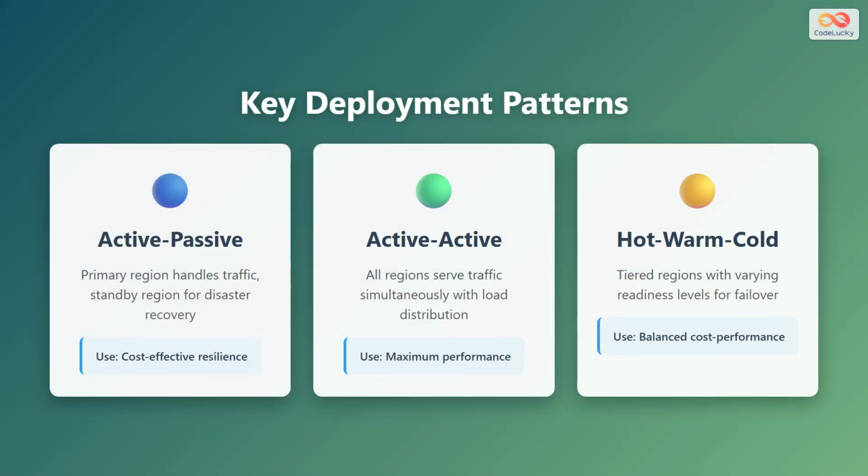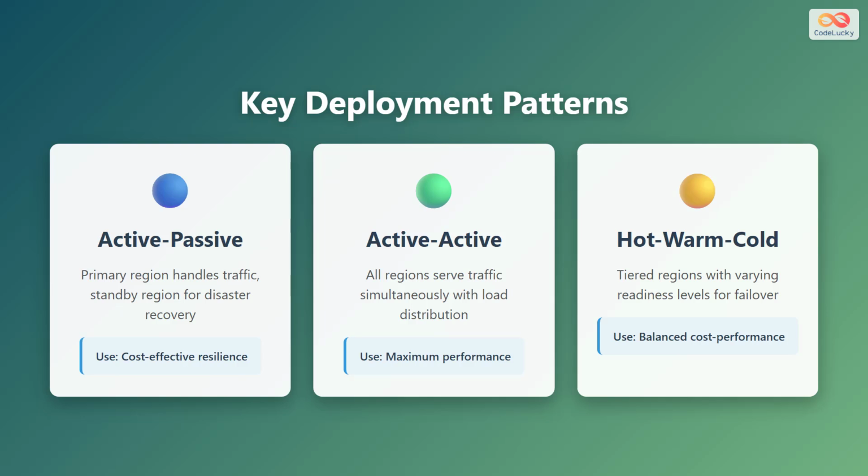There are three primary deployment patterns for multi-region architecture. Active-passive is the most cost-effective approach, where a primary region handles all traffic, while a standby region remains ready for disaster recovery. This provides resilience without the expense of running full capacity in multiple locations. Active-active delivers maximum performance by having all regions serve traffic simultaneously with intelligent load distribution.